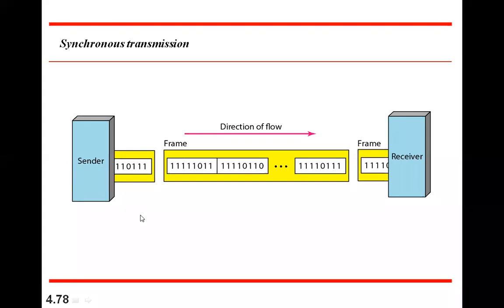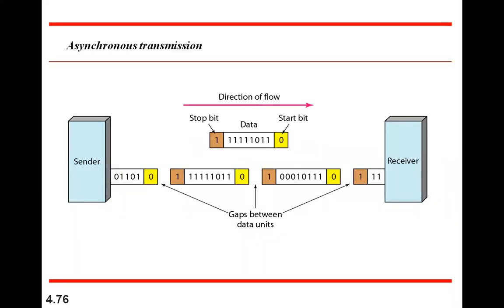Similarly, if you compare with the previous one, here also the clock rates should perfectly match. But the only thing is that in that case the clock rate is applicable from the start bit to the stop bit. During this time it should synchronize perfectly.